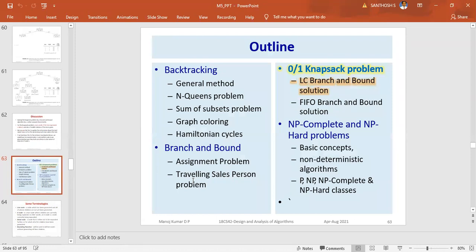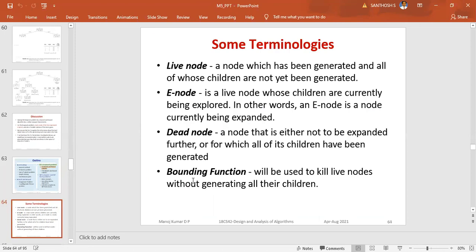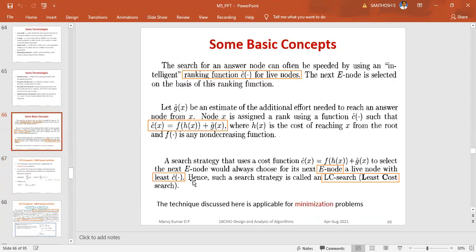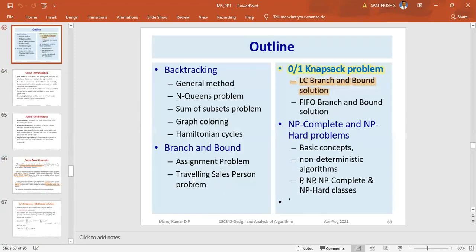Okay, so that is up to the traveling salesman problem using branch and bound as well as the 0/1 knapsack problem. In today's class, we have discussed the traveling salesman problem and also the 0/1 knapsack problem.